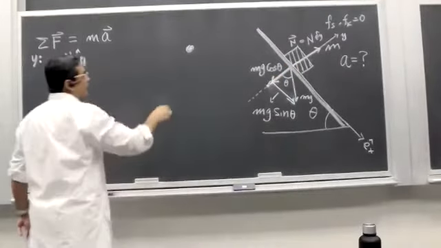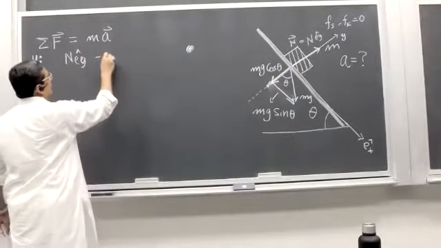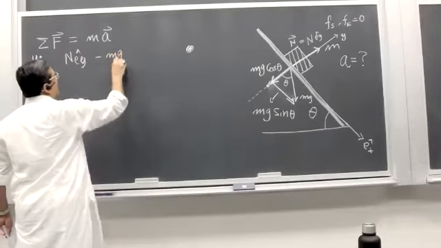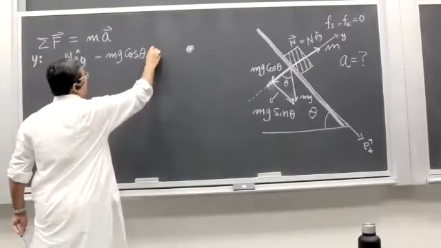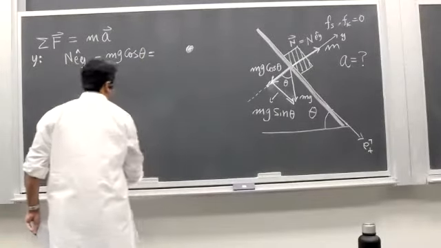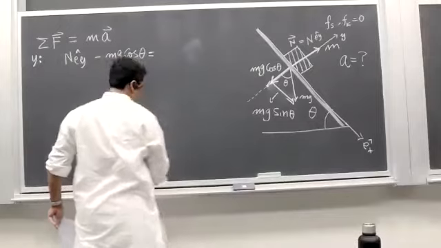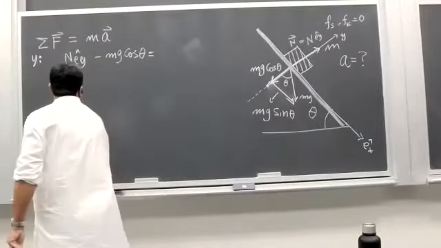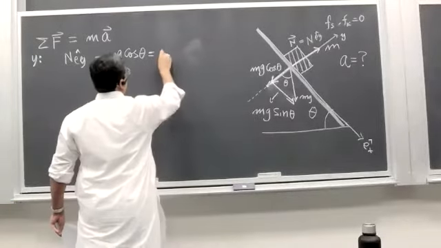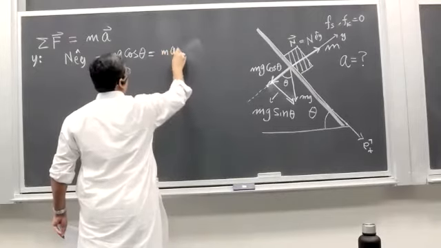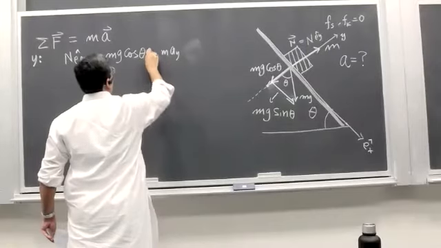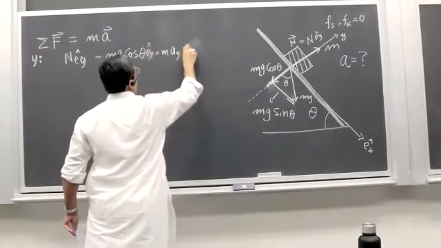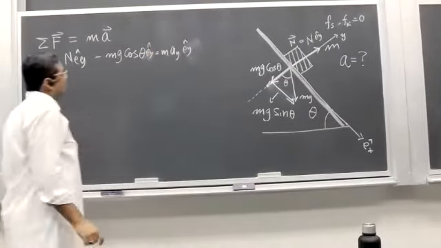Okay. And it's in the negative y-axis. So minus mg cosine of theta equals m a_y, and a unit vector here and a unit vector here. Okay.